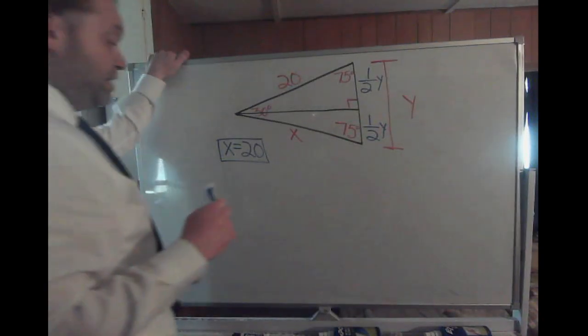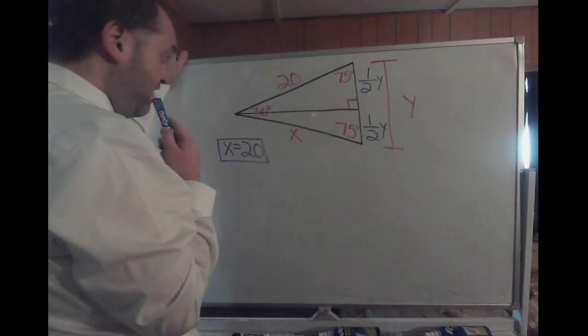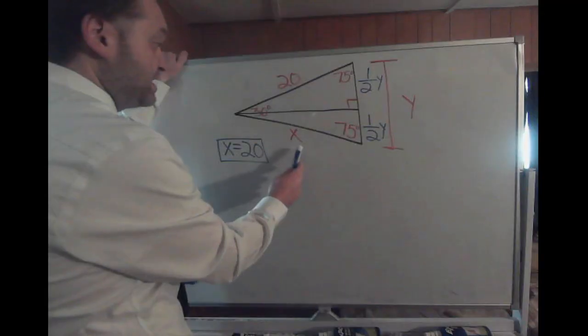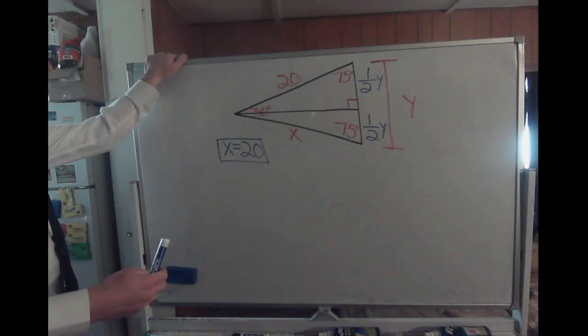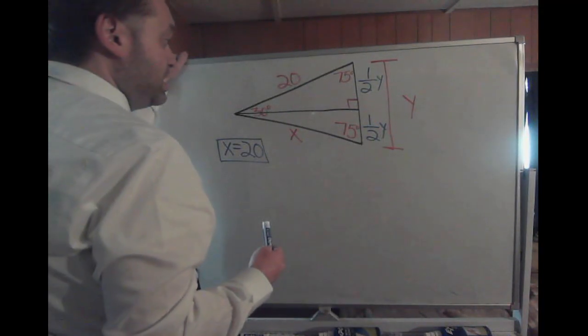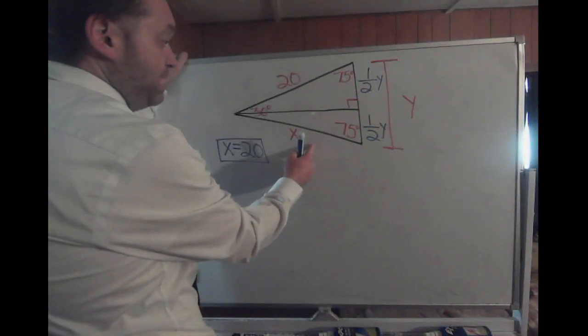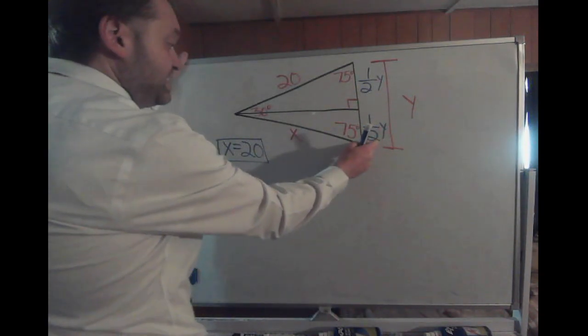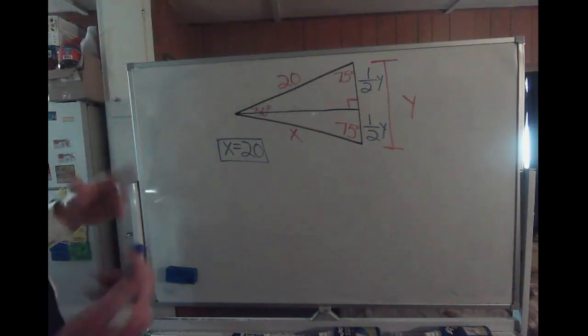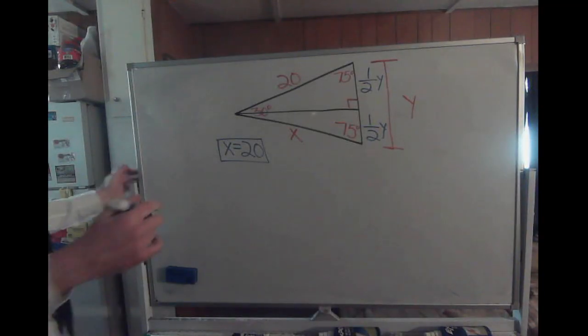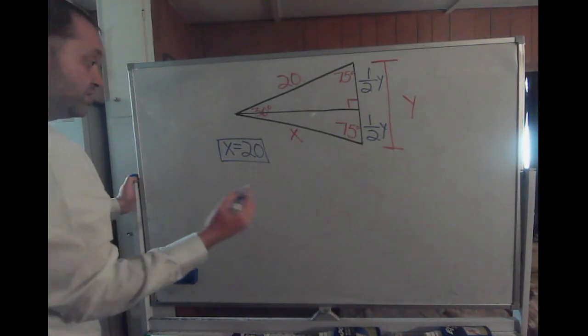We know X is 20, which is the hypotenuse, and then we have the adjacent leg to 75 being half of Y. So you're going to set up your cosine ratio since you have adjacent.